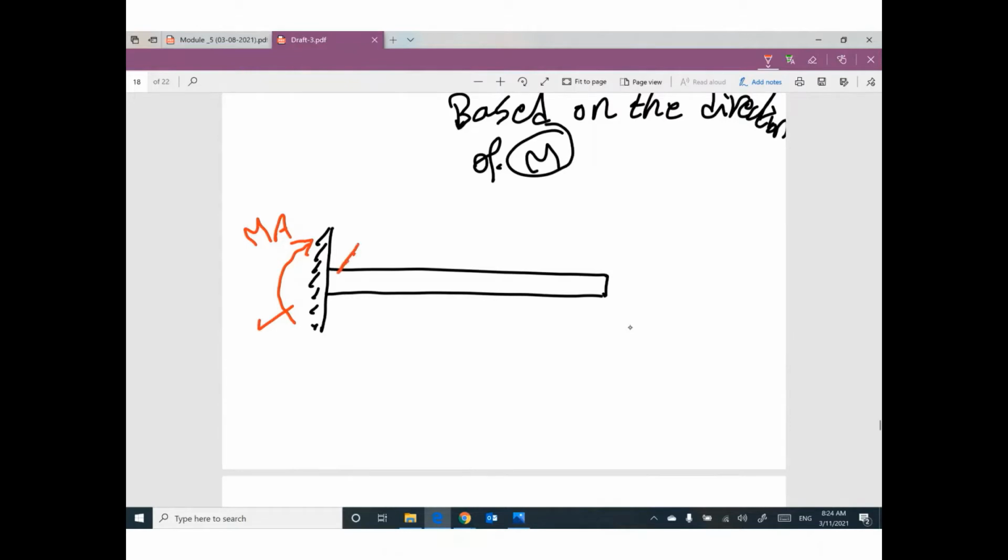So I'm going to rotate this fixed like this, and this angle, theta equal 1. Remember, if you rotate this fixed, the beam must be perpendicular to the fixed. So your beam will be like this, to keep it perpendicular to the fixed. So the new shape of the beam will be like this, negative.